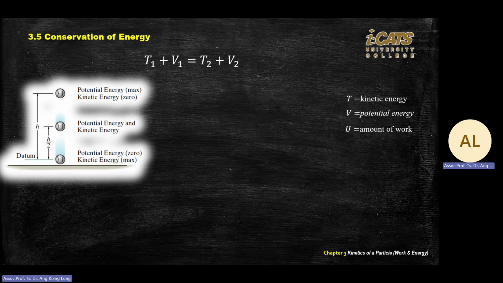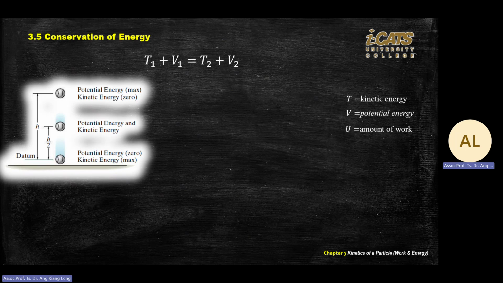Look at the question. If you have a ball bouncing from the top to the bottom, and your datum is on the ground, this is just a derivation of mathematics. If you drop a ball from the top to the bottom, at the top you know that potential is maximum.